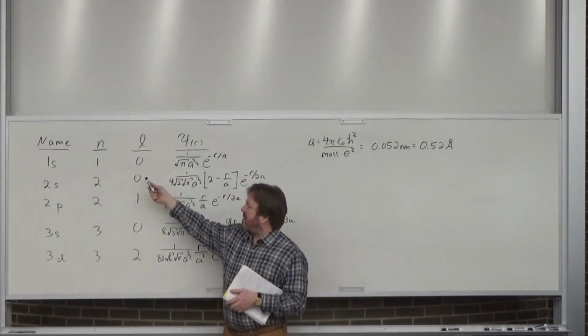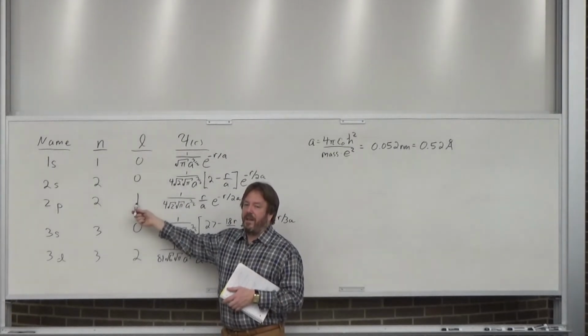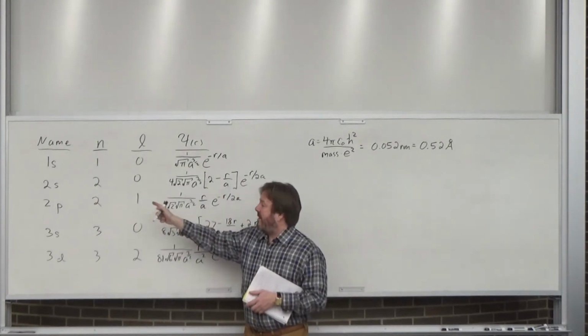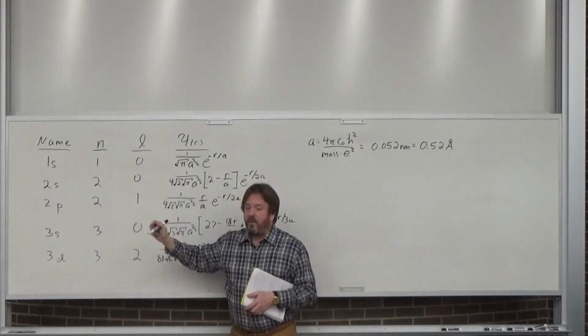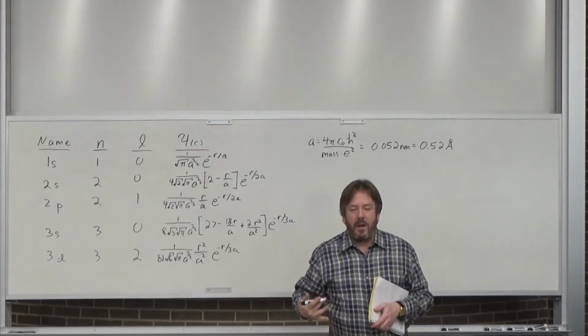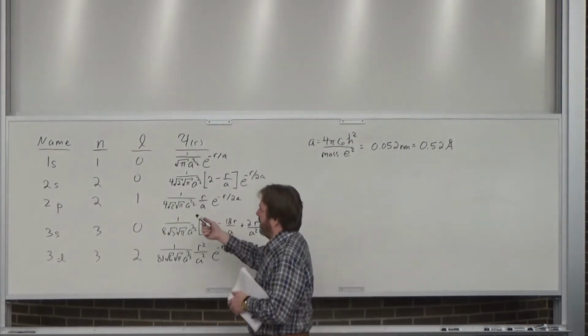I can find one solution if L is 0 and three solutions if L is 1. That's because these are the P states: L is 0 is s, L of 1 is p. The mathematicians can find 3 states because those are the px, py, and pz orbitals. So anyway, that makes sense.